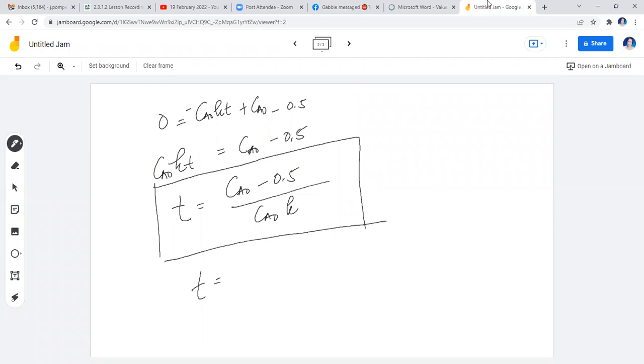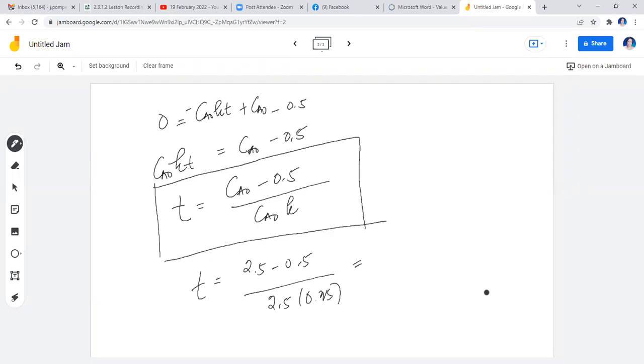This is it. So in our case, you just substitute the given data. So in case of the initial concentration and the K, so that's what we need. The initial concentration is 2.5 for A and 0.35 for K. So we will substitute that to our formula. So CaO is 2.5 minus 0.5 over 2.5 times 0.35.